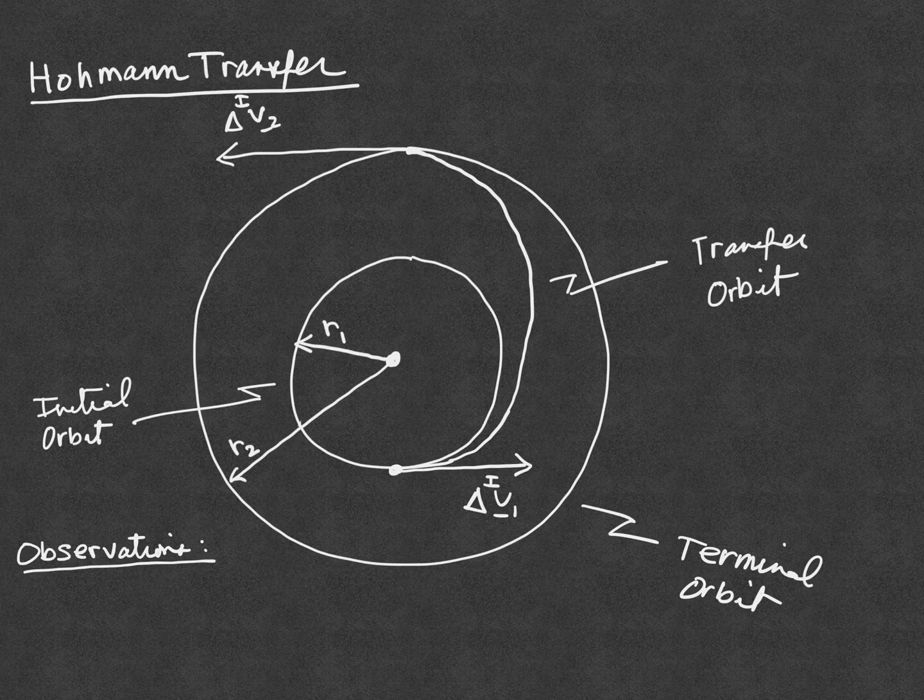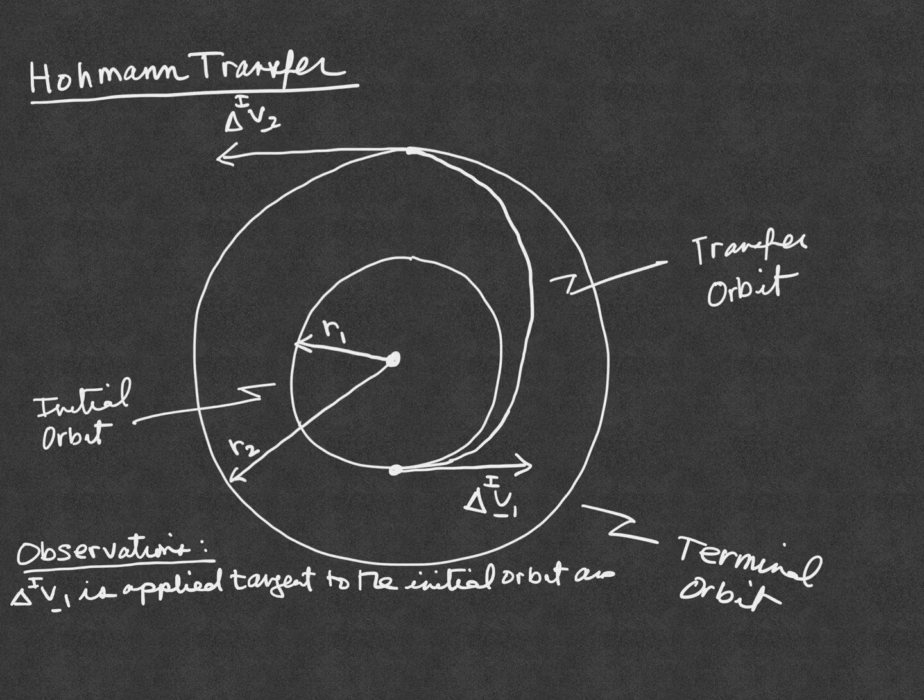The first is that delta v1I is applied tangent to the initial orbit and is located at the periapsis of the transfer orbit.